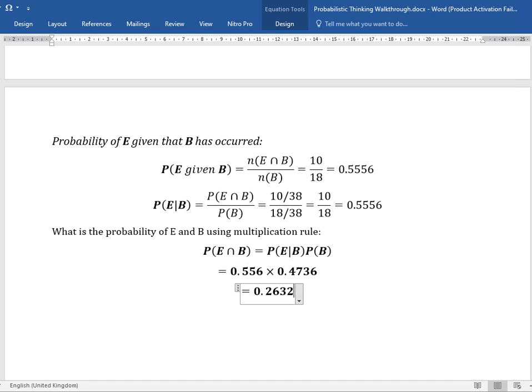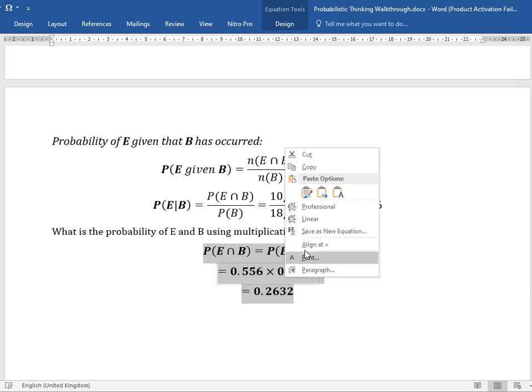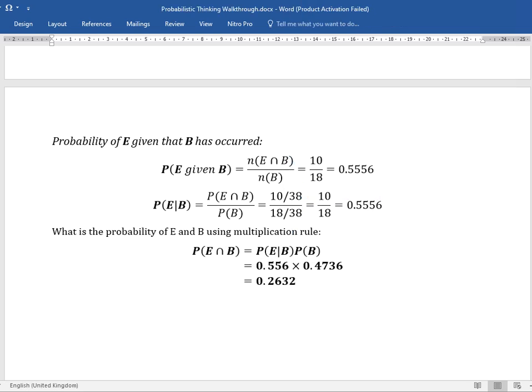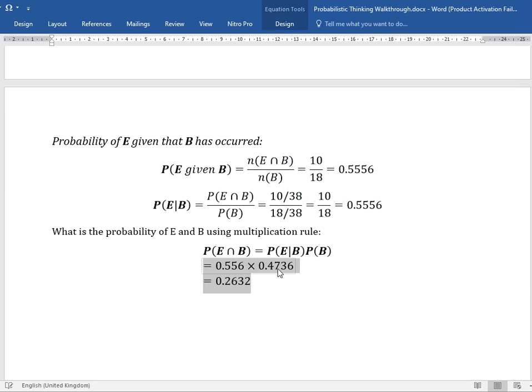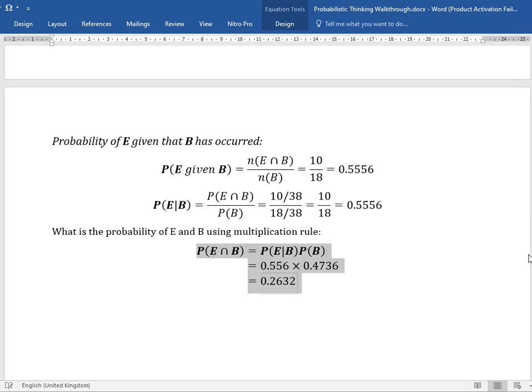So let's see what we previously had for probability of E intersect B and whether we are truly on track. Well, I can remember that what we had was actually 0.2632. Just a second. Let me align this.